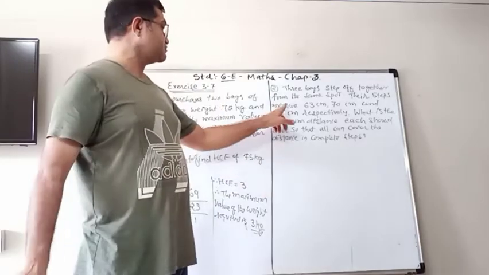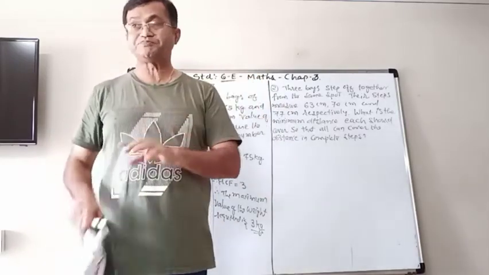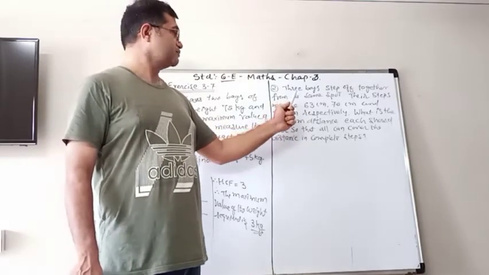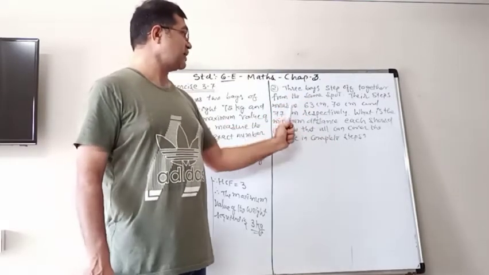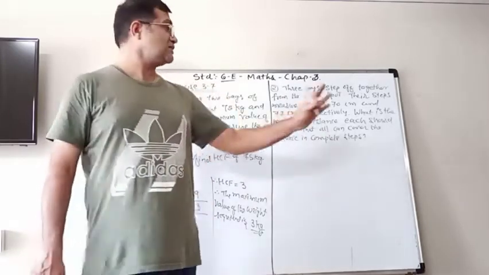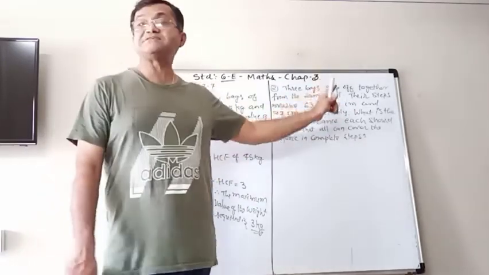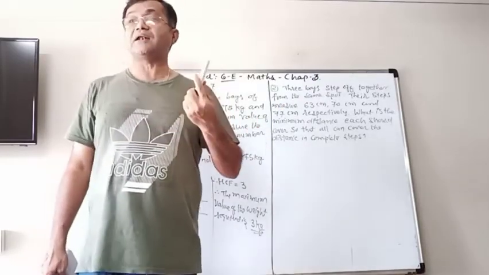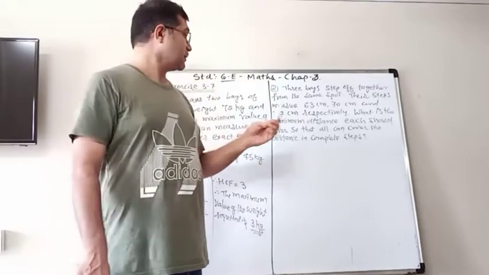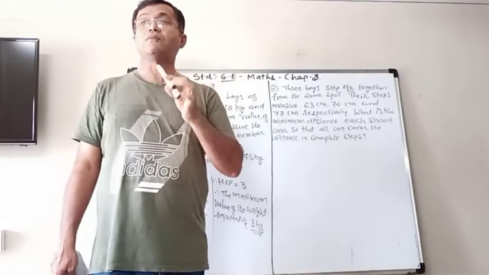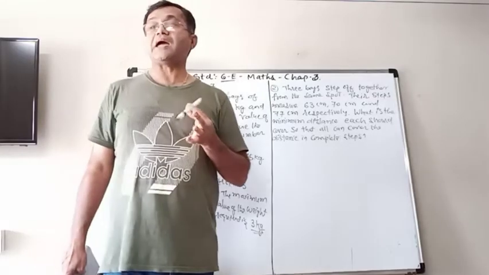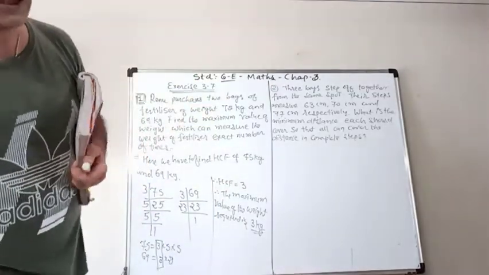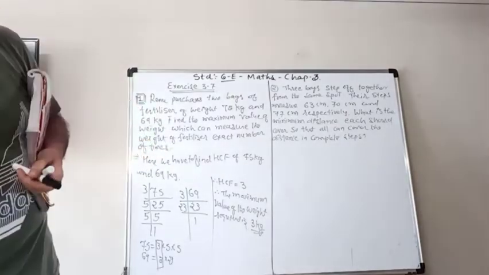It means that you have to find the LCM. And here one step measures 63 centimeter, one step measures 70 centimeter, one step measures 77 centimeter. It means the answer will be more than that also. And therefore also we have to find the LCM of the given numbers.